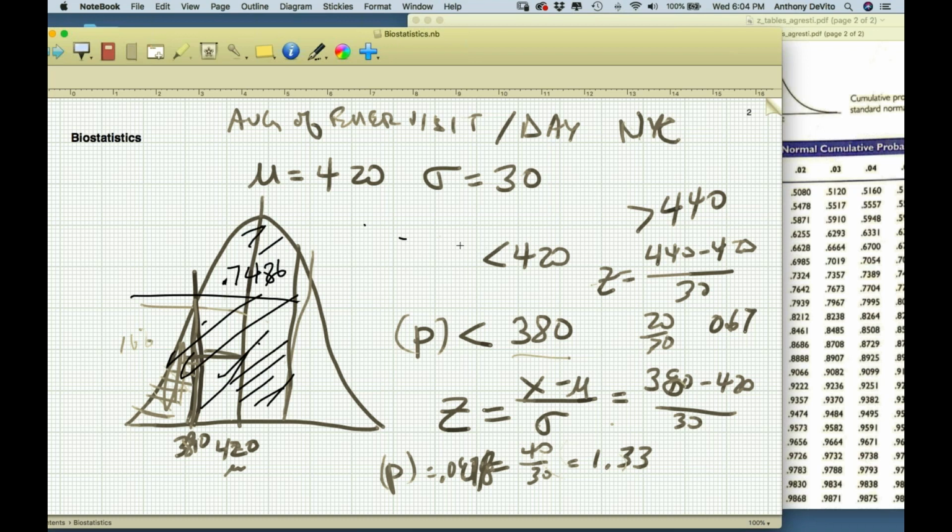So if I wanted to know the likelihood of choosing a day that's over 440 admittances, it's going to be equal to 1 minus 0.7486. That's going to come out to 0.2514, I guess. I think I got that right.